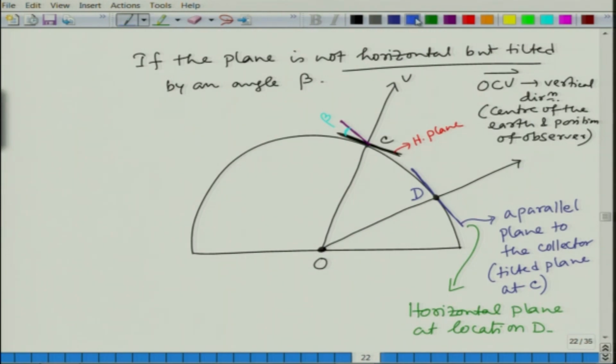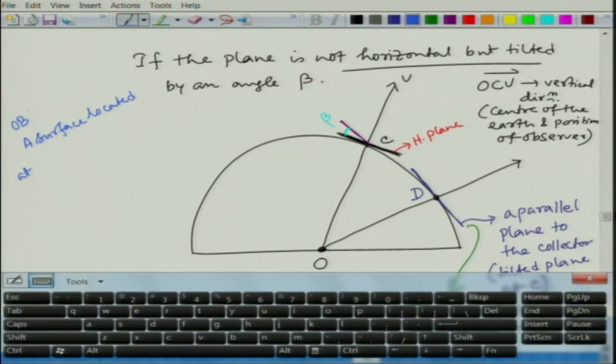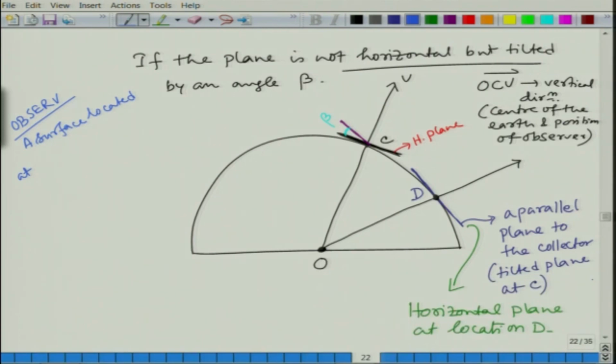We can say that a surface located, so this is what we observe. Okay. So, a surface located at the latitude L. Okay.